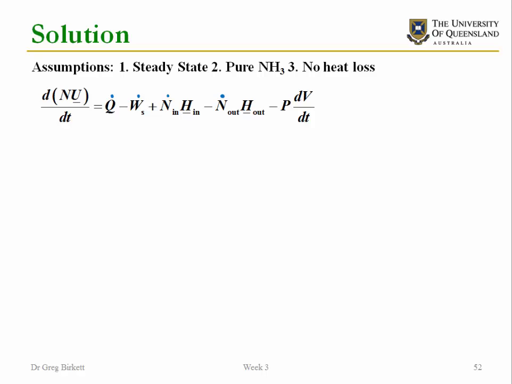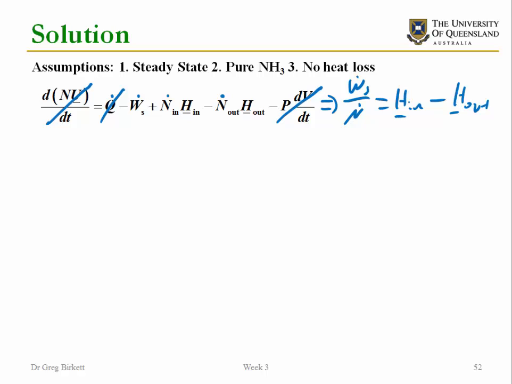Now it's steady state, so all my time-dependent terms disappear. There's no heat loss, so this disappears. So what this gives me is that my shaft work per unit of molar flow is equal to my enthalpy in minus my enthalpy out.